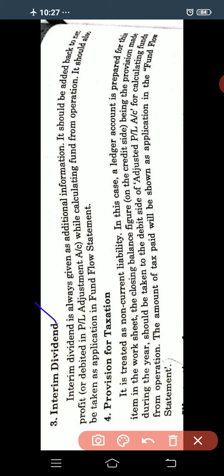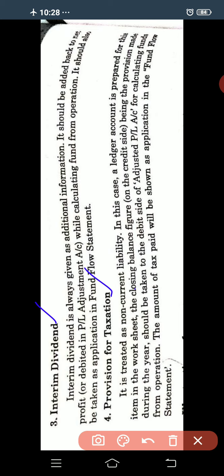Next one is the proposed provision for taxation. Here it is treated as a non-current liability, and in this case a ledger account is prepared for this item in the worksheet. The closing balance figure on the credit side, being the provision made during the year, should be taken to the debit side of the adjusted profit and loss account for calculating the fund from operation.